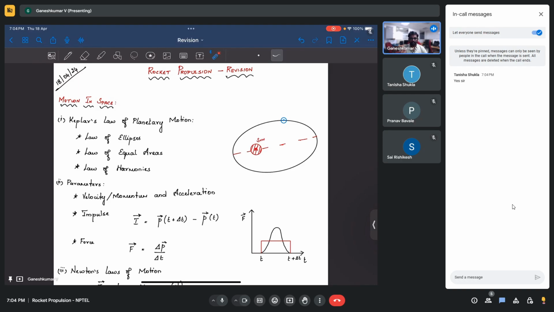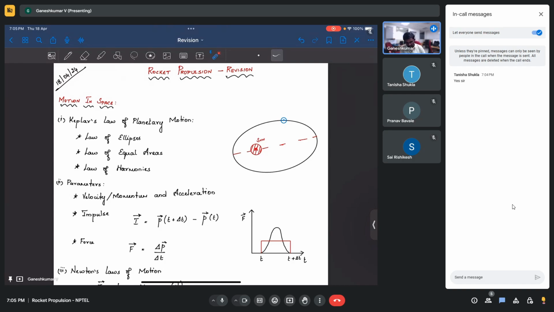And at the end of the day, you will also know there are a few important formulas which should be coming to the top of your head, and that should be helpful while solving your problems. Those are the two important aims of this exercise.